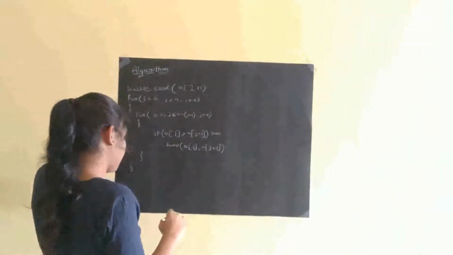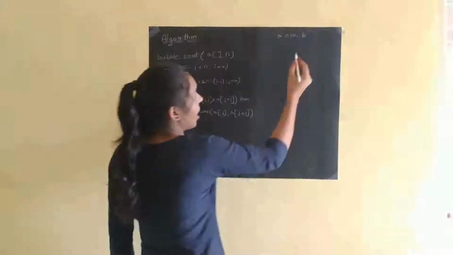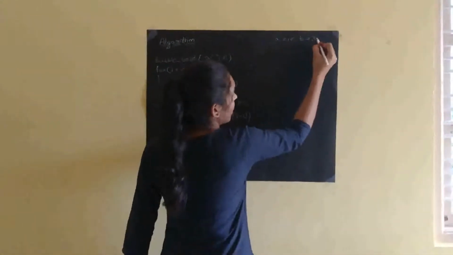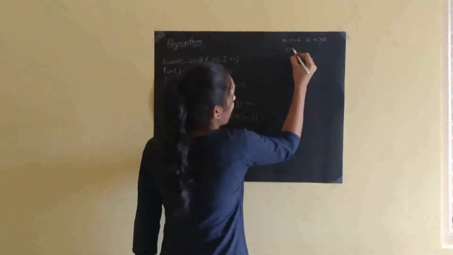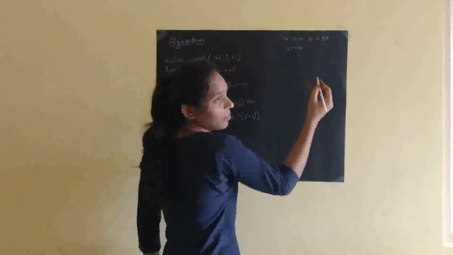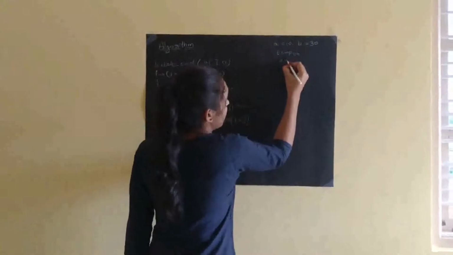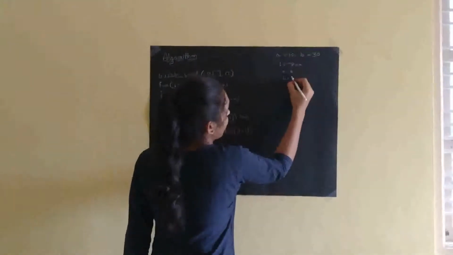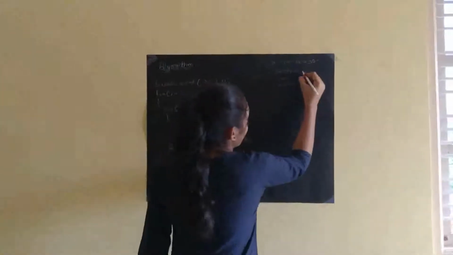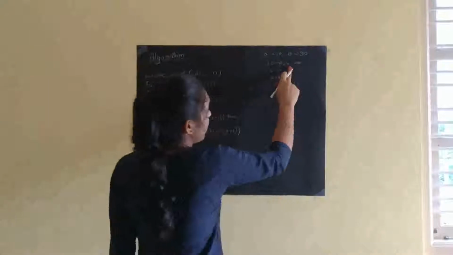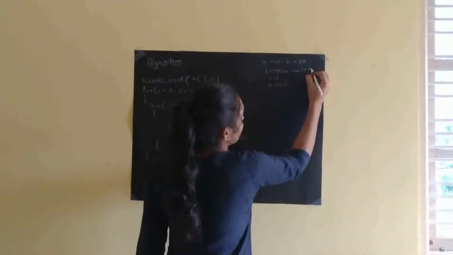For suppose if we have a equals 10 and b equals 30 and the third variable is temp, and the logic for swapping is temp equals a, a equals b and b equals temp. And we get this as temp equals a. A means here a value is 10. So temp equals 10.